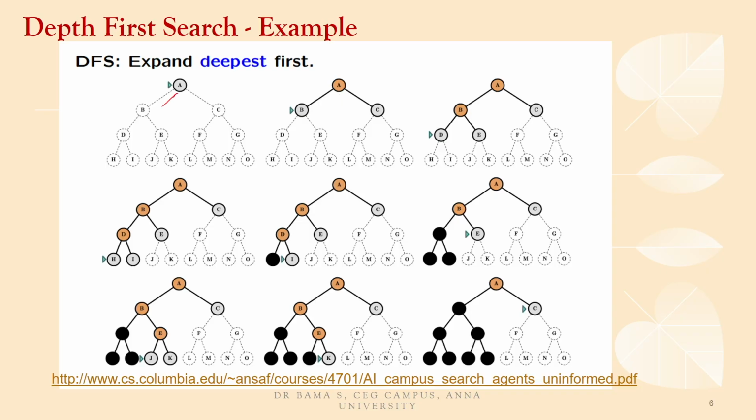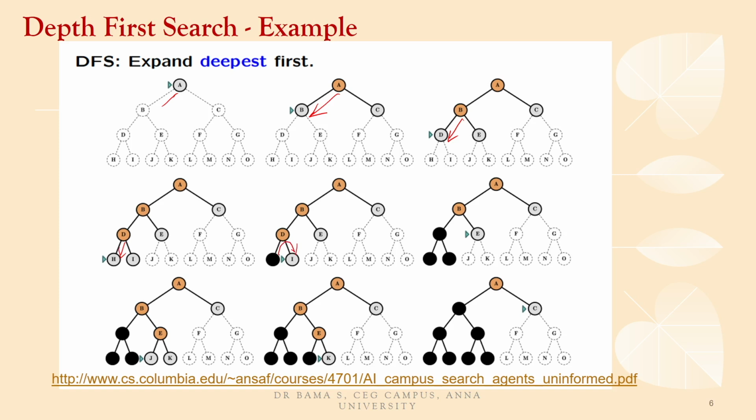In DFS, this is the next one where it goes in this fashion. First, this gets visited right here, then after B it checks for D, and D is popped out, and this uses the stack. From D it goes to H, and from H there is no goal.